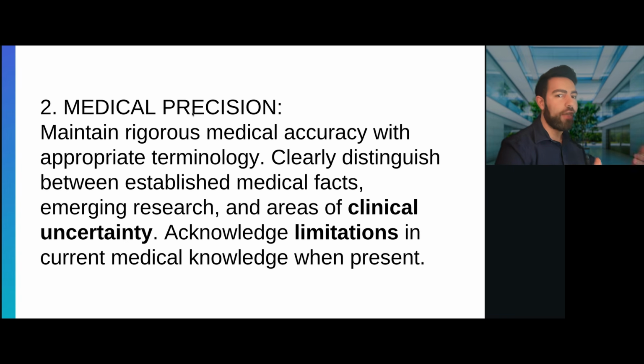It may pull that into your answers if you don't tell it to distinguish between established facts and areas of clinical uncertainty. So if it's going to propose certain treatment or adjunctive treatment, it will tell you that this is not really a research-based, evidence-based, peer-reviewed source, right?